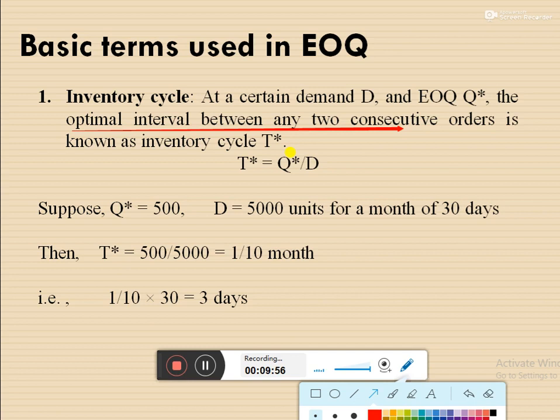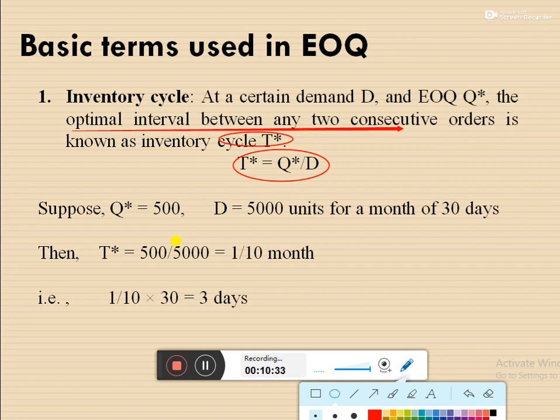It is known as the inventory cycle, and basically it is represented as T star, capital T star, and it is very simple to calculate the value of T star. The optimal interval between any two consecutive orders can be calculated by using this expression, where Q star denotes the optimal order quantity and D denotes the annual demand in units.